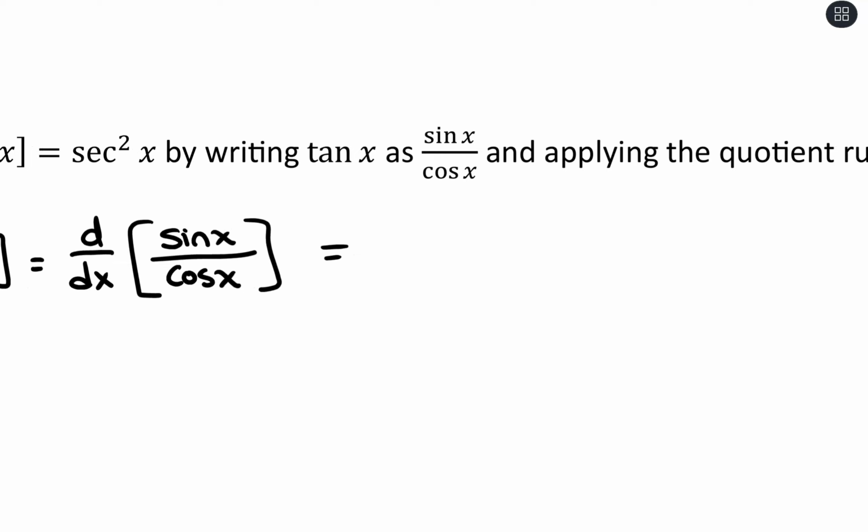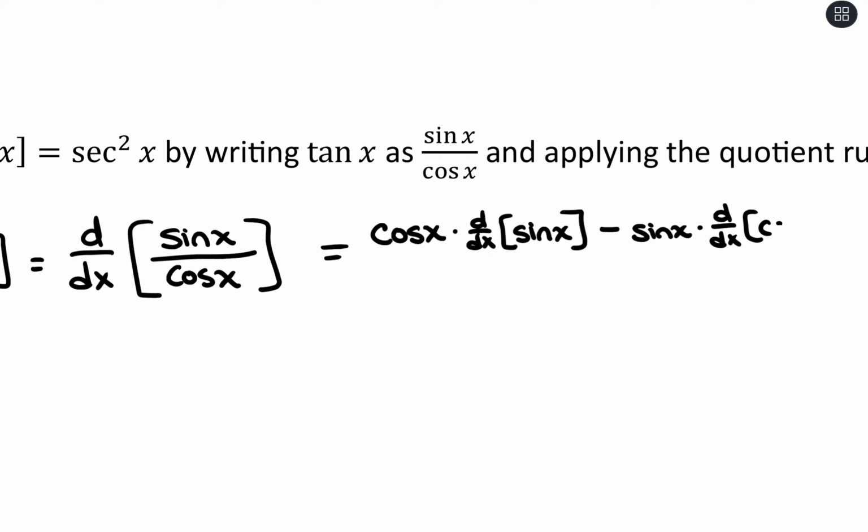So, quotient rule, low d high, so cosine of x times the derivative of sine of x, minus high d low, so sine x times the derivative of cosine x, all over low squared, which would be cosine squared of x.